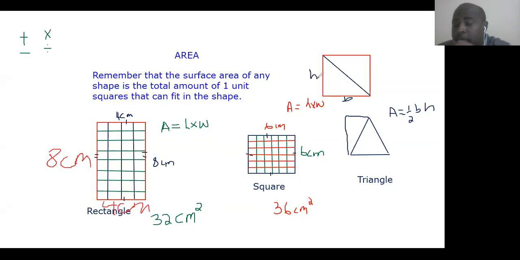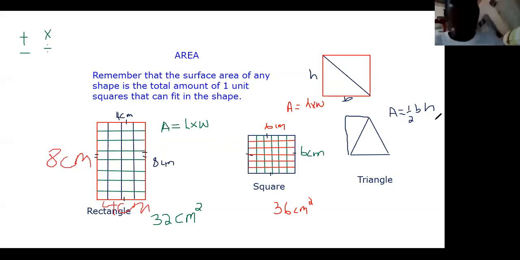Are you guys following? Therefore, the area of any triangle is half of the area of a normal square. So that's where half base times height comes from. Everybody clear? Zaria?